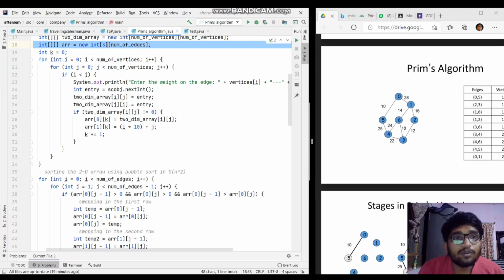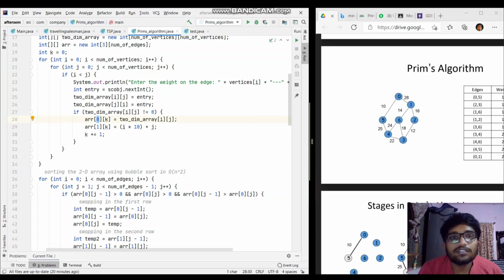If the two-dimensional array of I and J is not equal to 0, that means if any weight is there, then we store that weight in the first row. So all the weights will be set in the first row, and in the second row we have I into 10 plus J. That means if you have 5 and 2, we cannot store them in an integer array like 5 comma 2, as a pair.